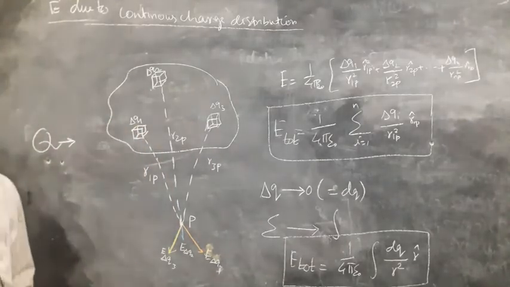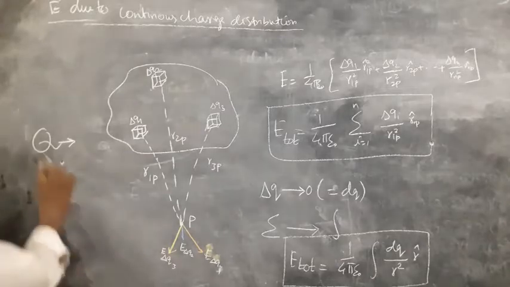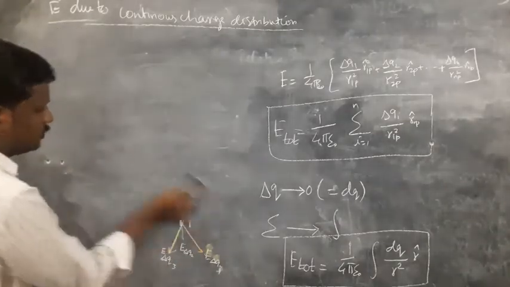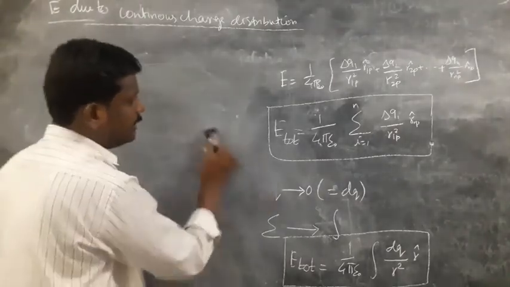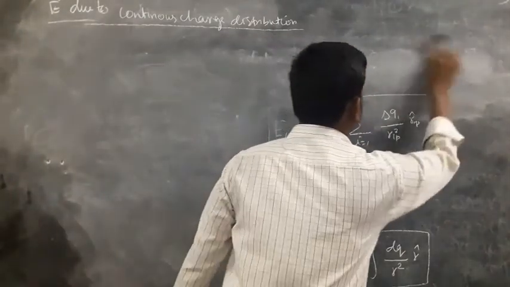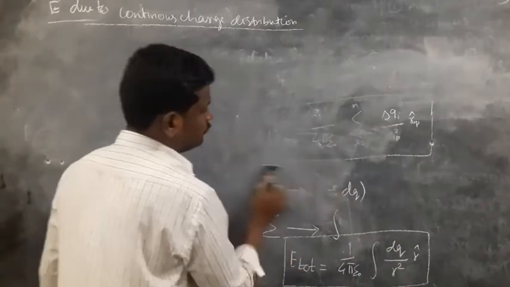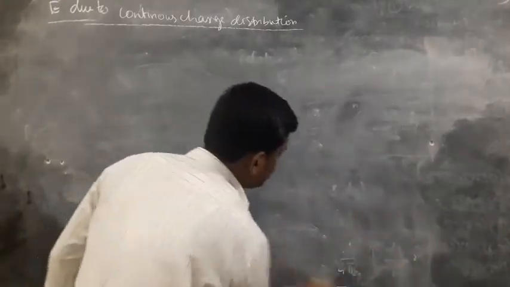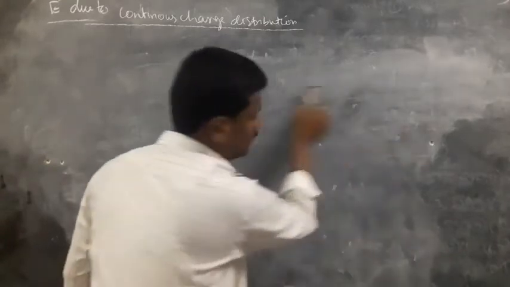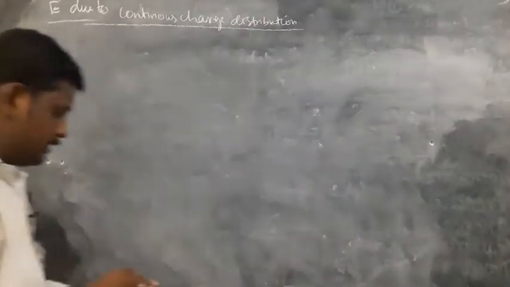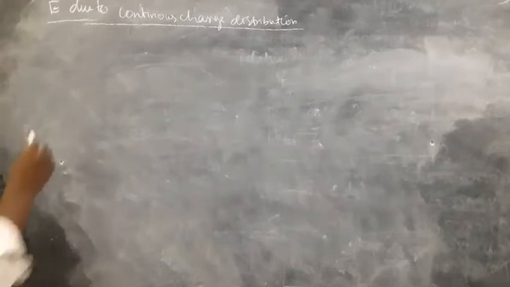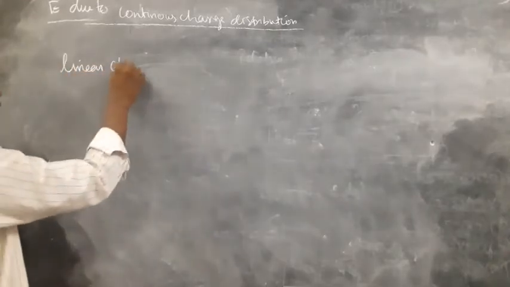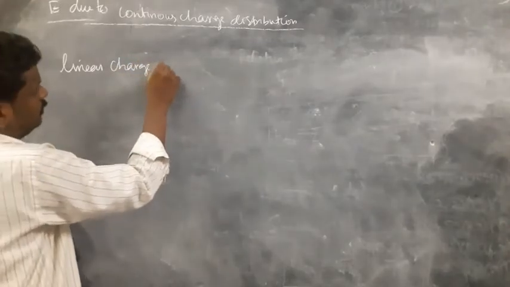The next thing is to differentiate three different charge distributions. Any guess what the three different charge distributions are? They are 1 dimension, 2 dimension and 3 dimension. 1 dimension is a wire, so it's a linear charge distribution.